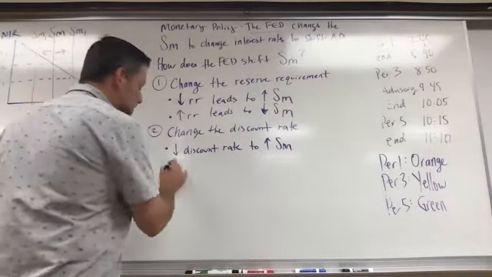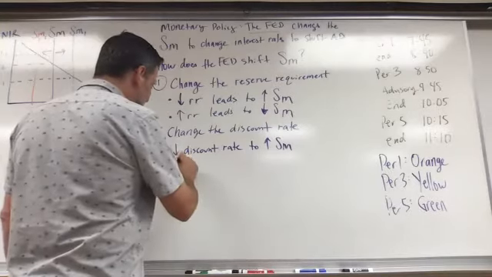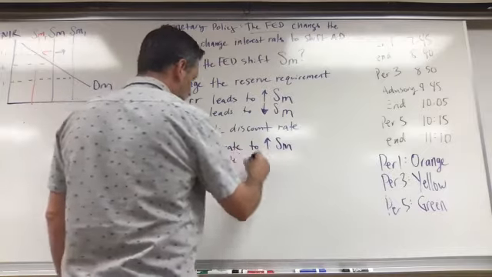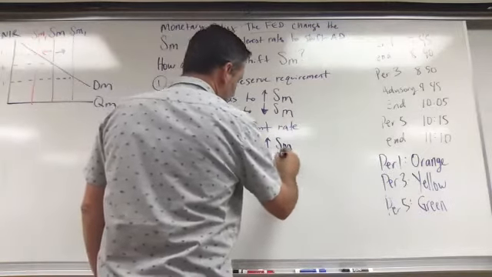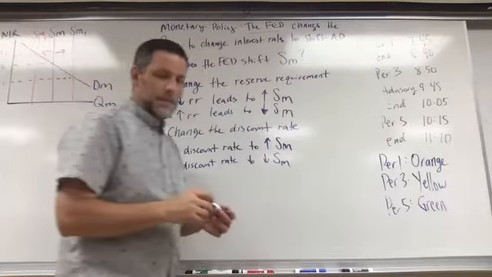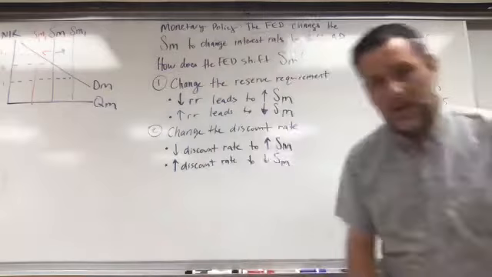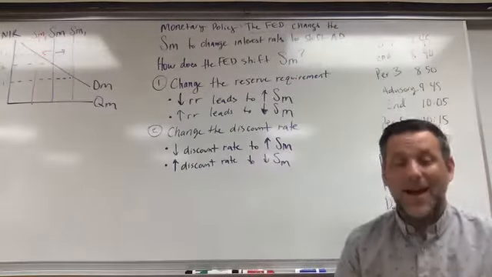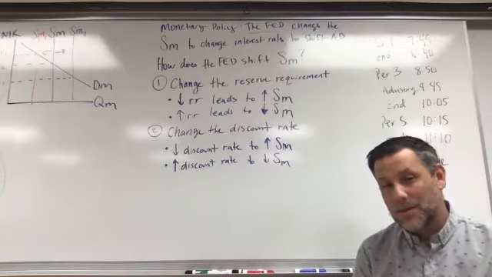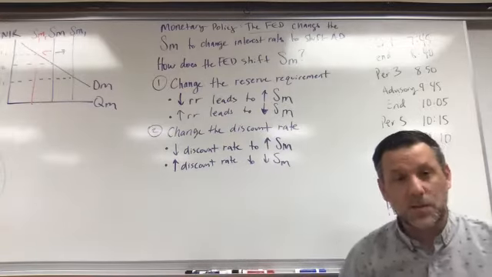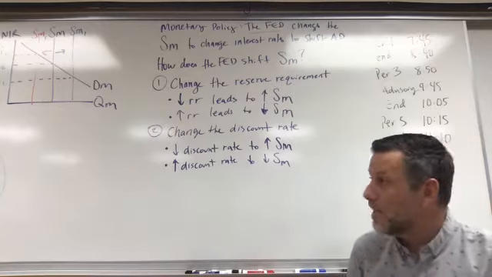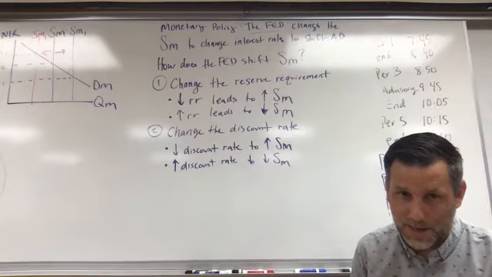The opposite is true as well: when the Fed raises the discount rate, that leads to a decrease in the supply of money. Because when that interest rate goes up, banks don't want to pay that high interest rate if they're short on their reserves, so they're less likely to lend money out to customers. So the discount rate is the second tool that the Fed can use to shift the supply of money.